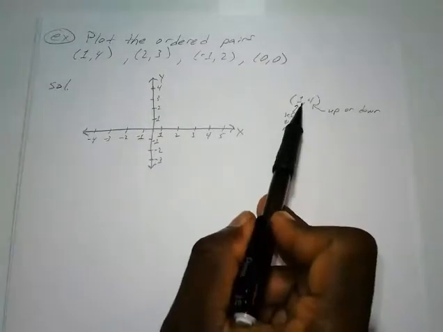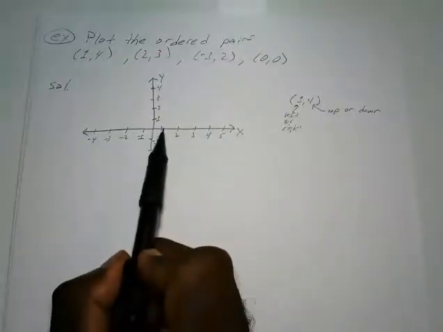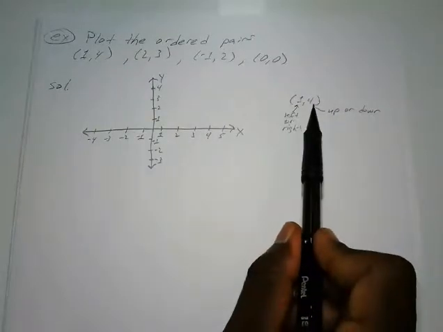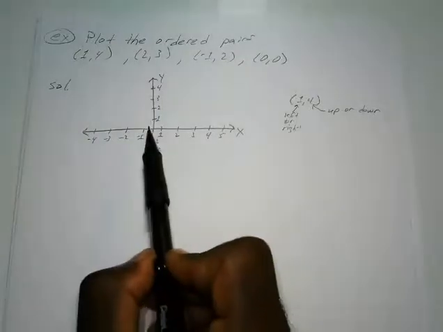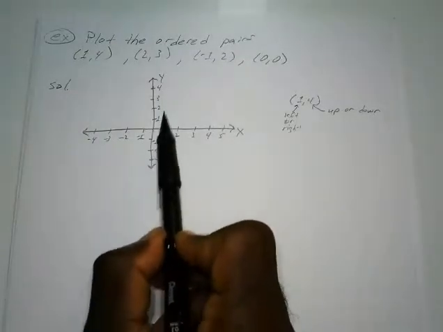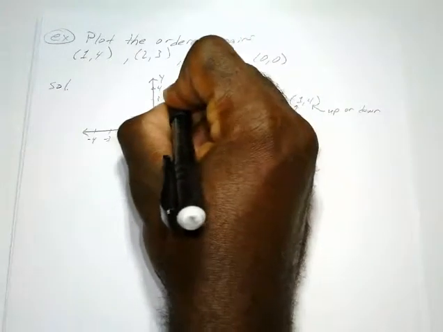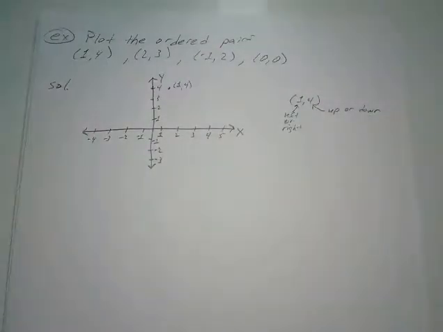Okay, so starting from our origin, we're going to go to the right 1 space. And then we stop there. Now our y will tell us to go up 4 since it's positive. So we go to the right 1, up 4. So this is the point 1, 4. I think that was pretty painless.